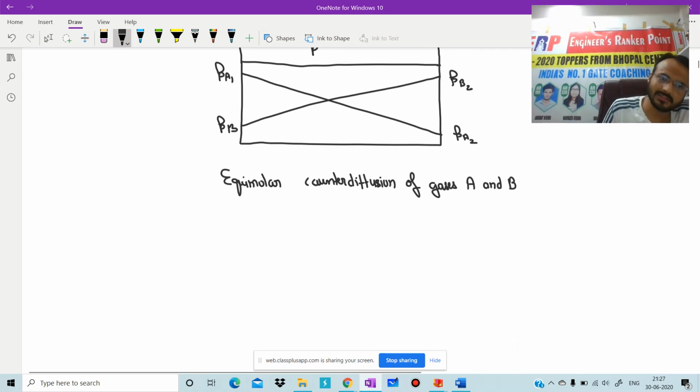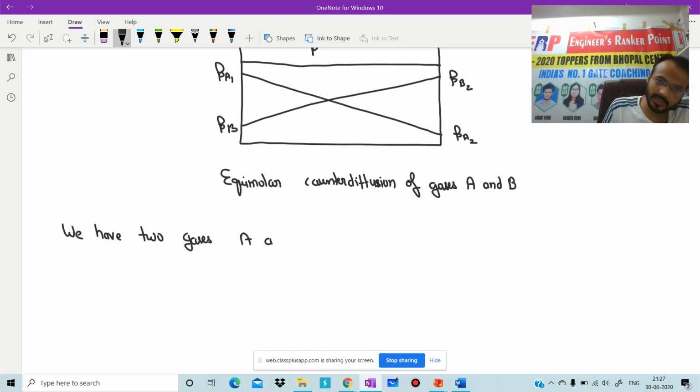We have two gases, so that you can remember, A and B, and total pressure is constant. Why I am going to mention this total pressure is constant, because with the help of this concept, we will derive one more derivation.